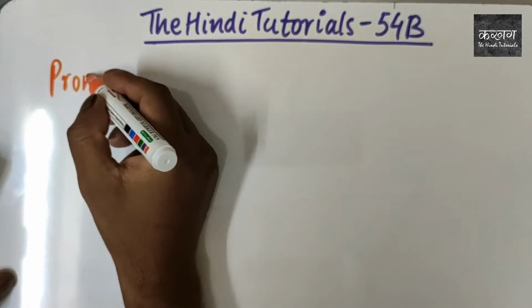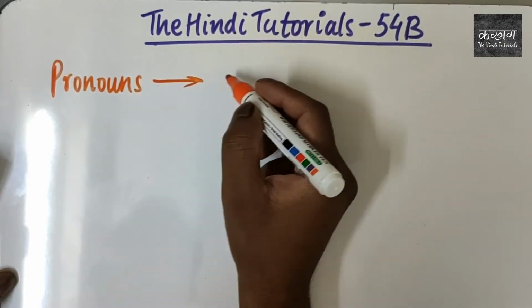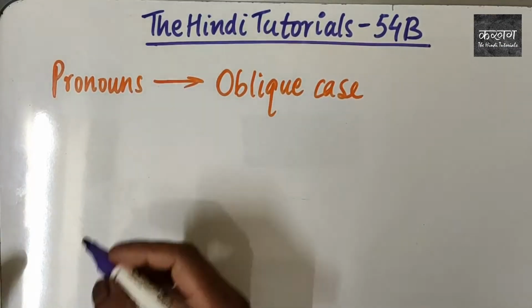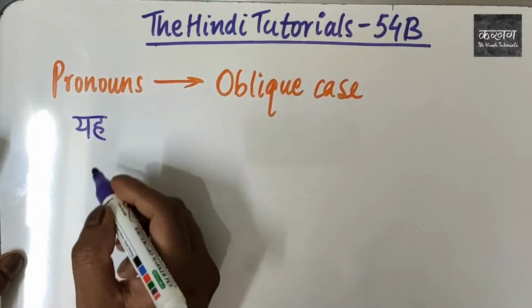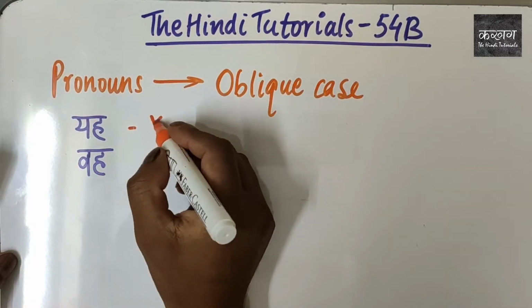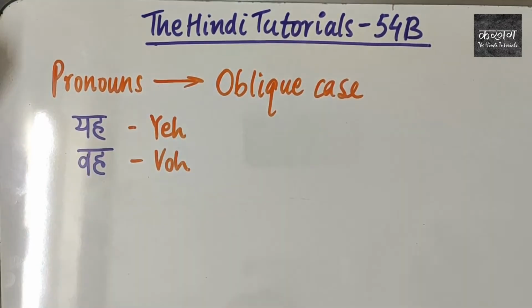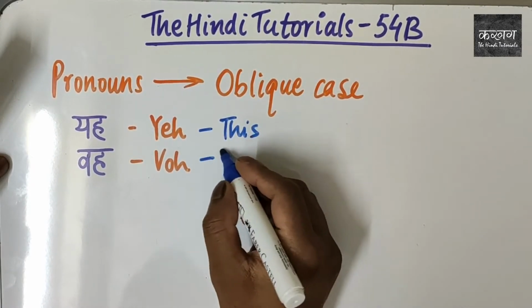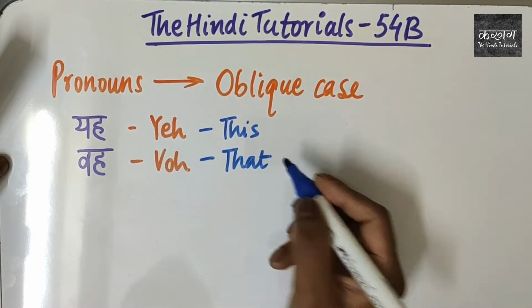Today we are going to learn how to use some pronouns in the oblique case. We will begin with yeh and veh, the ones we pronounce ye and wo, the singular ones, which mean this and that, and also used for he, she, and it.